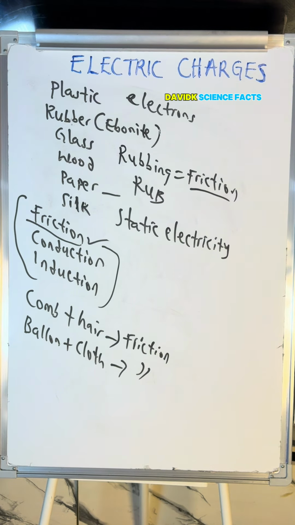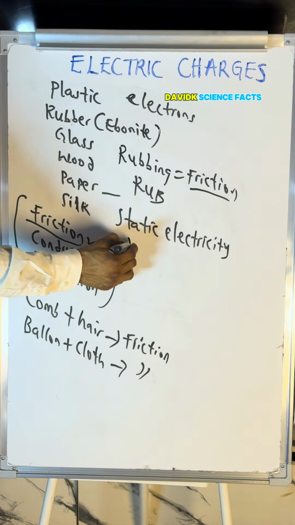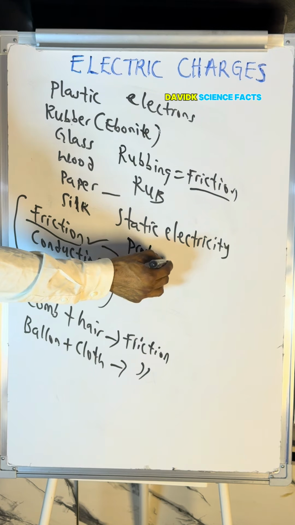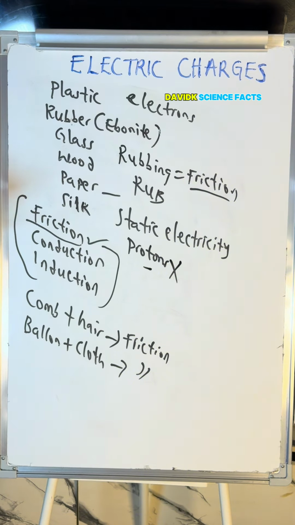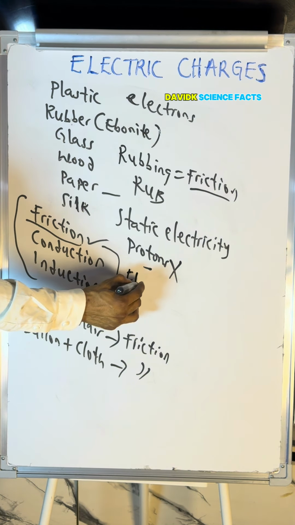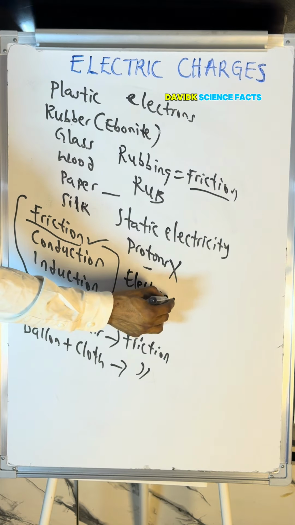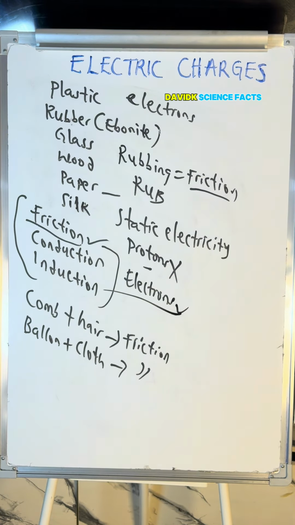The other one that gains electrons becomes negatively charged. Take note of this. What actually moves is not the protons. The protons don't move. It is mainly the electrons that move.